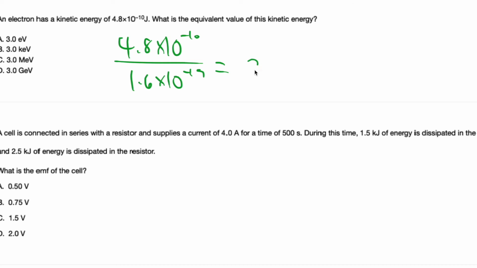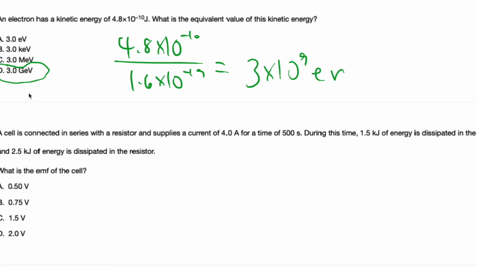This is going to be equal to 3 times 10 to the power of 9 electron-volt, right? So A is not correct. The correct option will be D. So be familiar with the prefixes.